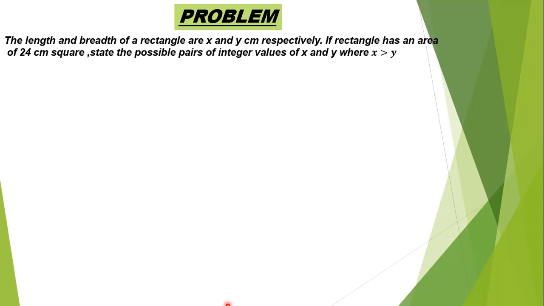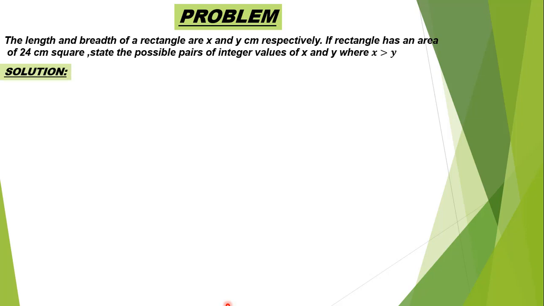If the rectangle has an area of 24 centimeters square, state the possible pairs of integral values of x and y where x is greater than y. Students, we are given a rectangle with its length as x and its breadth as y, and the rectangle has an area of 24, where x must be greater than y. So we have to come up with all the values of x and y.